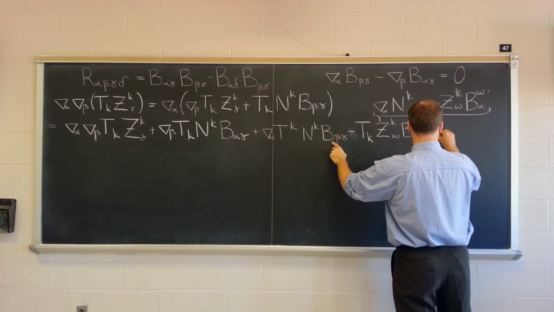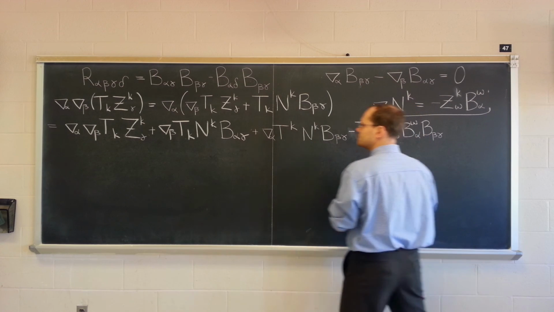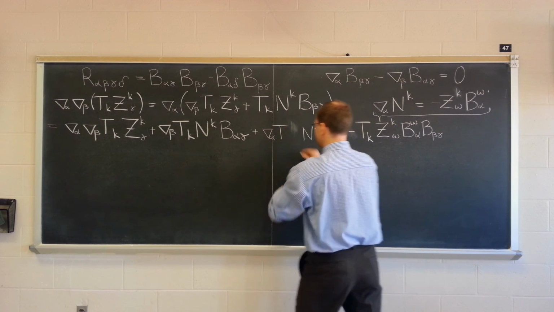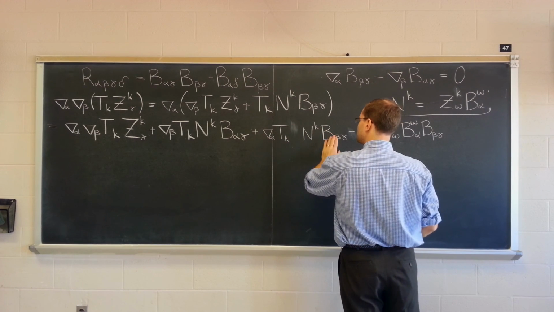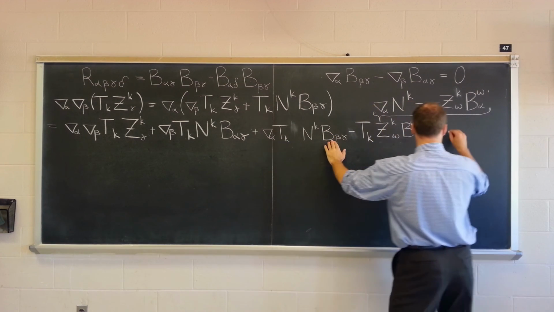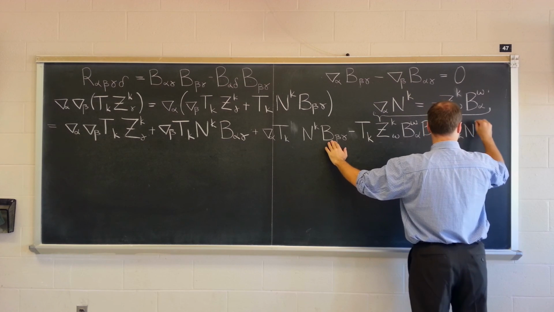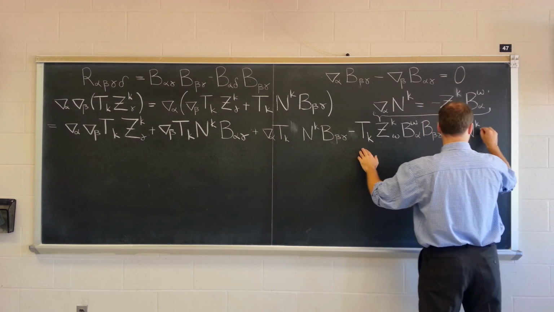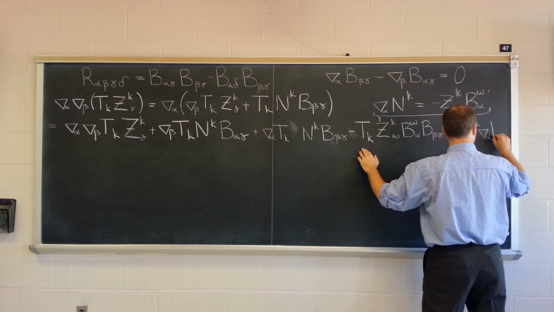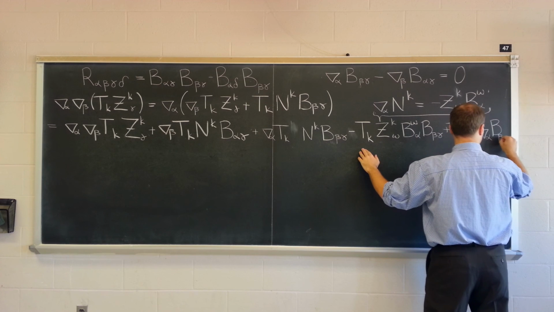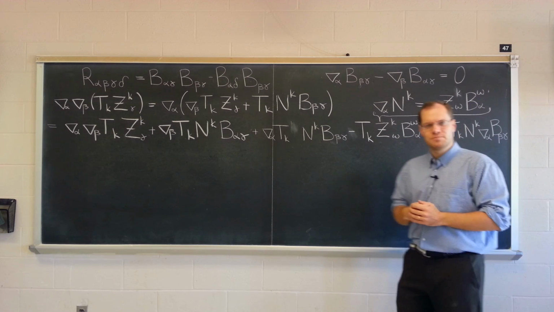And then finally a third term where the derivative applies to the curvature tensor: plus t k n k, the covariant derivative sub alpha applied to B beta gamma. All right, so these are the 5 terms.